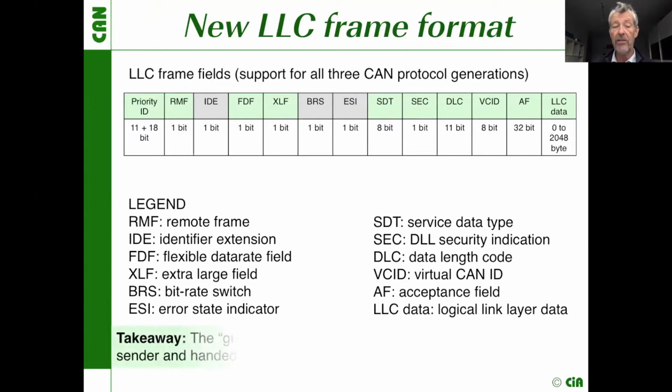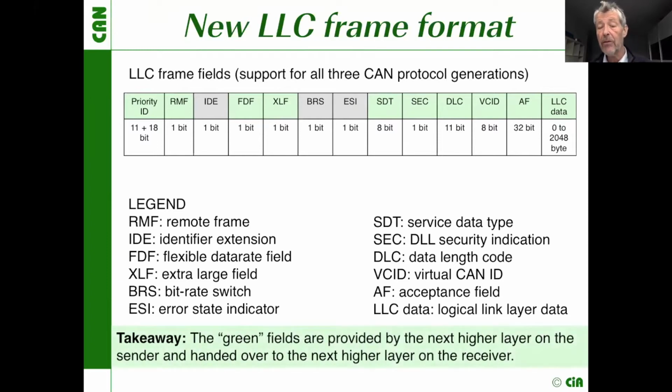So what you have to take with you is that the green fields are provided by the next higher layer. This could be you if you implement this in devices. And this is then also, if you are receiving these, handed over to your application, and you can see the priority, and you can see which kind of protocols you have selected, or which have been selected, and so on. This is mainly just so that you know this, and you have to provide this information to the hardware.